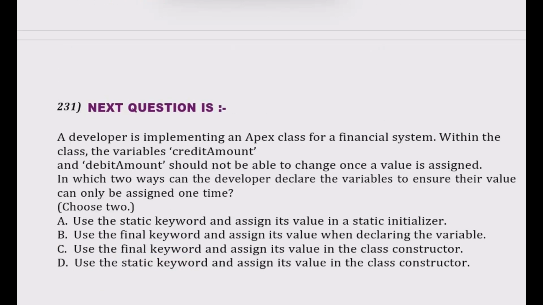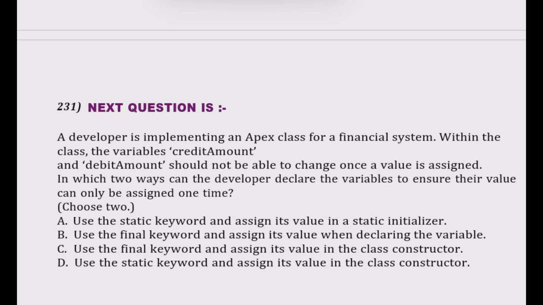Question is, a developer is implementing an Apex class for a financial system. Within the class, the variables creditAmount and debitAmount should not be able to change once a value is assigned. In which two ways can the developer declare the variables to ensure their value can only be assigned one time? Choose two options.